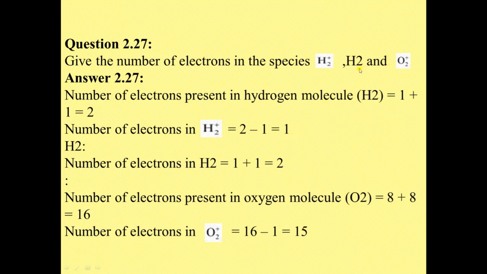Now in case of hydrogen molecule, total number of electrons is 2, and in O2 positive, first we will determine number of electrons in oxygen molecule. 8 plus 8 is equal to 16, and in O2 positive, 16 minus 1 is equal to 15. 1 positive charge means loss of 1 electron. So here 16 minus 1 is equal to 15.